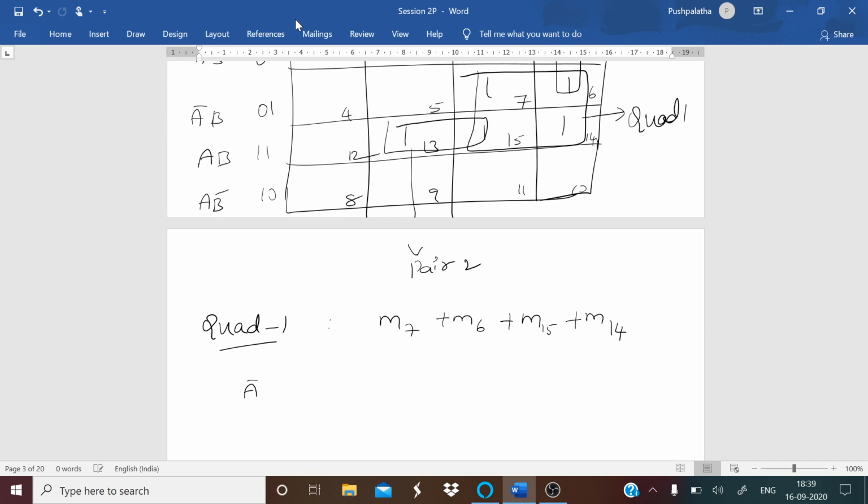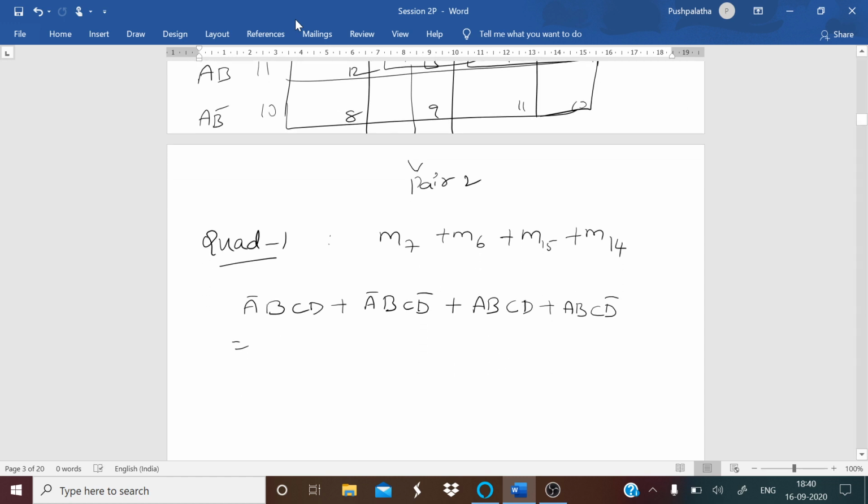So that is your a bar b c d plus a bar b c d bar plus 15 will be a b c d plus a b c d bar. So what is the reduced expression here? A bar has changed its form, so you leave it. B is the same, C is the same, D has changed, so this is the answer.